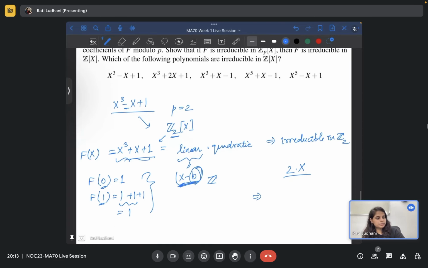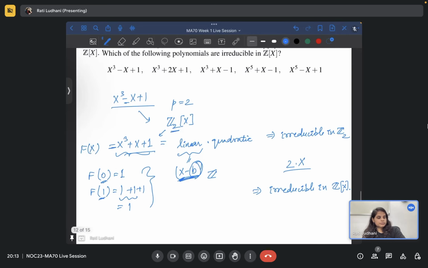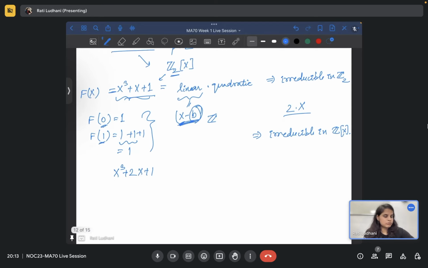Irreducible in Z2 implies irreducible in Z, because of the property we proved. Okay, let's take another one, x cube plus 2x plus 1. Which p can you take here?